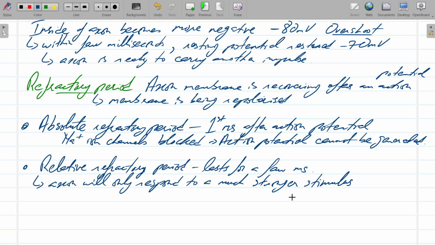Because the threshold has been raised. So that minimum change in potential difference that's required to go all the way has been increased. So it's not minus 50 now, it's perhaps minus 40 or minus 35 or whatever. It doesn't stay that way. It's only during the relative refractory period.